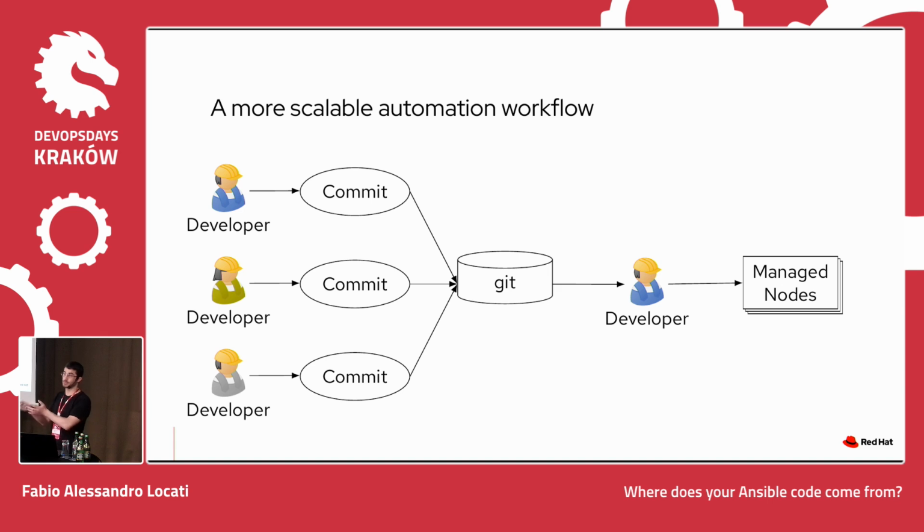They commit something to Git or any other way of sharing code, and then the usual developer of the previous slide still runs the Ansible playbook on their machine and configures the nodes. Now, as you can see, this case has a little bit more complexity, but still, we do have a human there, that blue developer, that should at least check what they are running, and that they are running something that is legitimate.